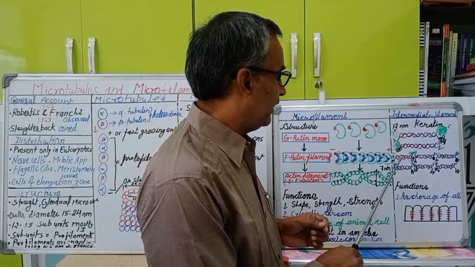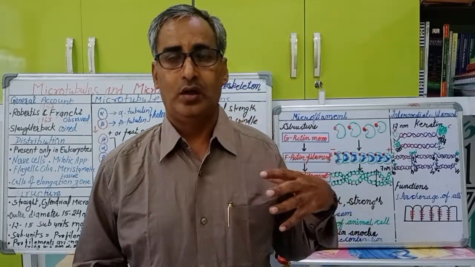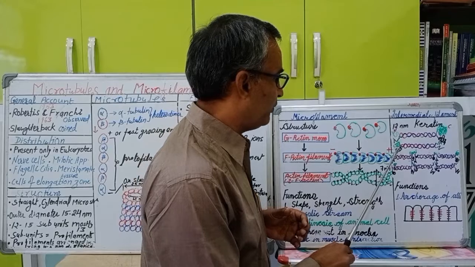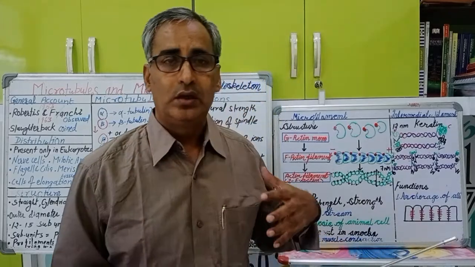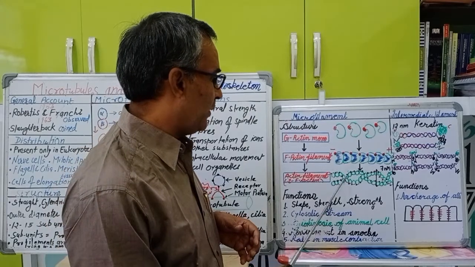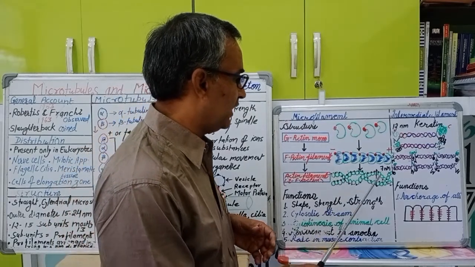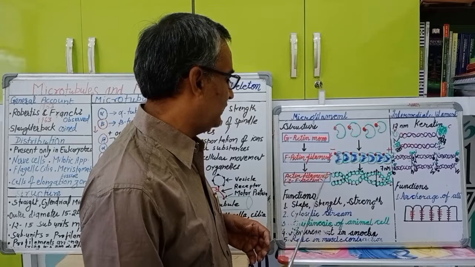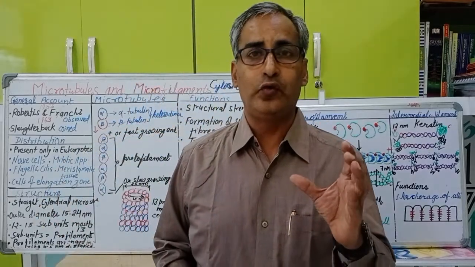Depolymerization and polymerization basically happen on the plus side of this F-actin filament.